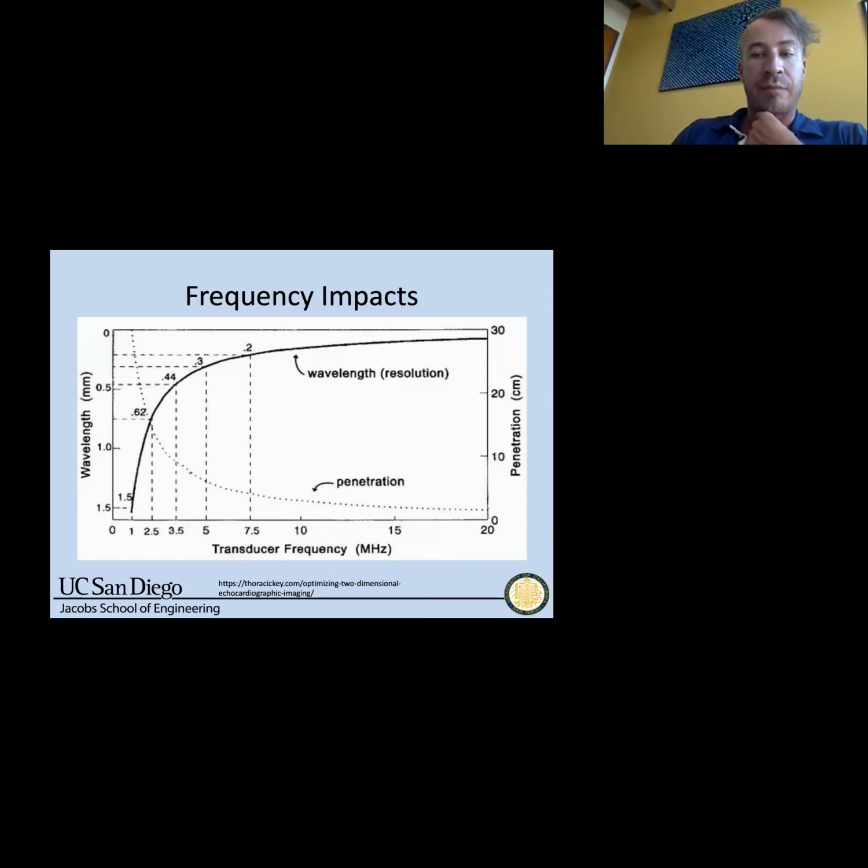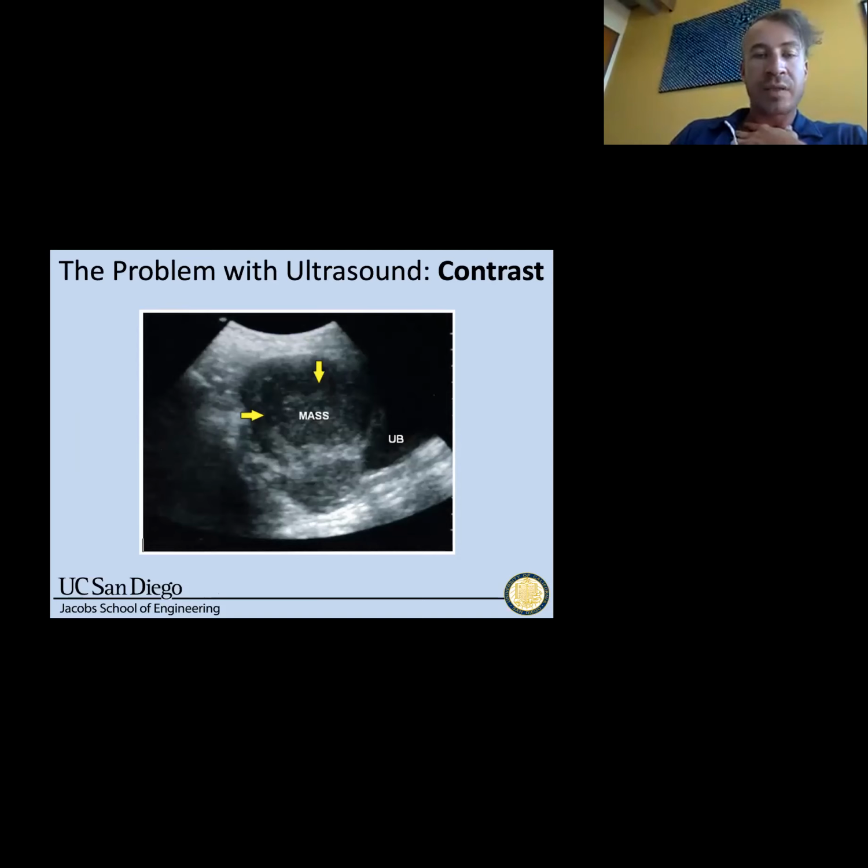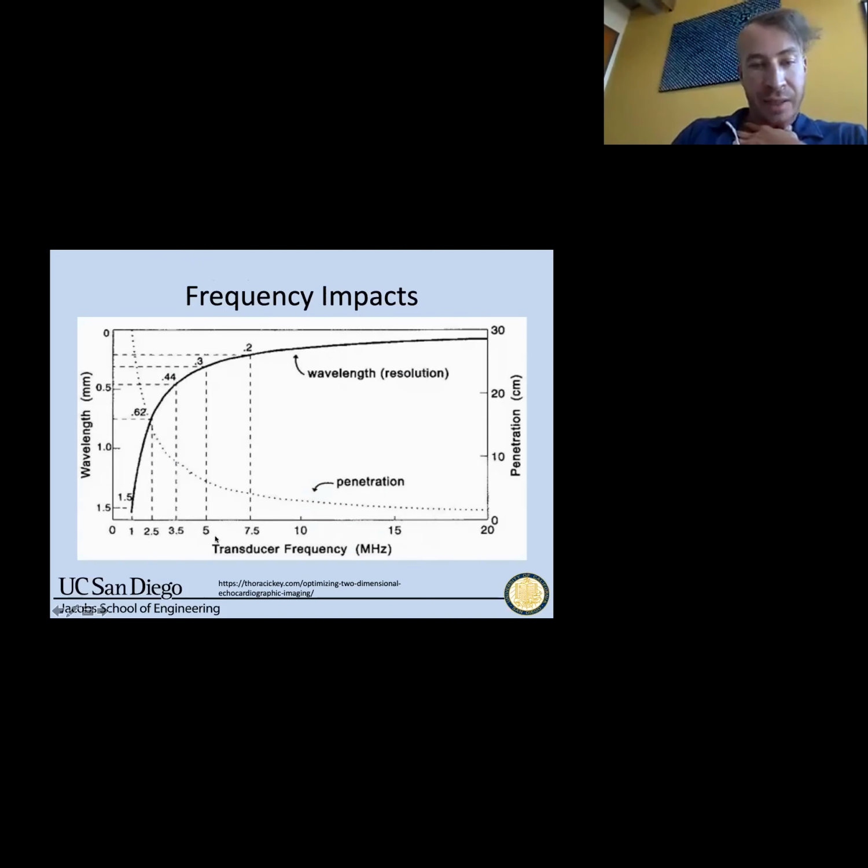And because I have really, really high spatial resolution, but I also can't go very deep into tissue, okay? Similarly, in the clinic, they tend to work around 5, maybe 7.5 megahertz, okay?